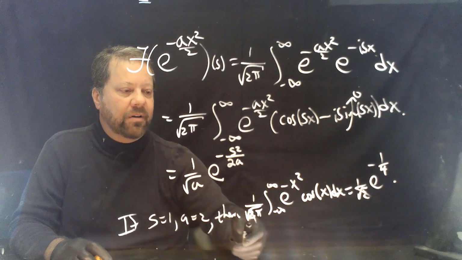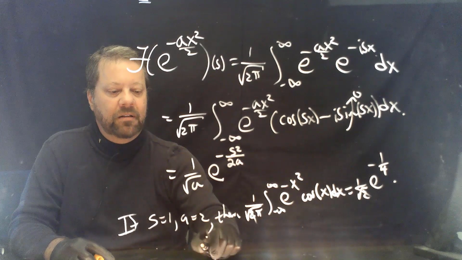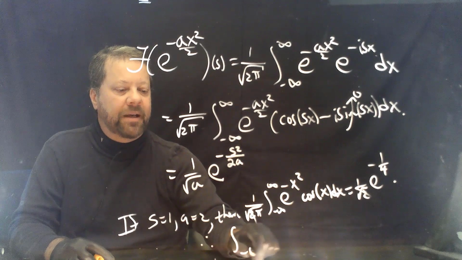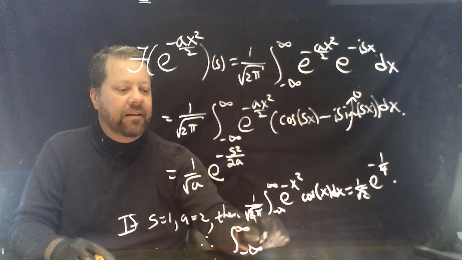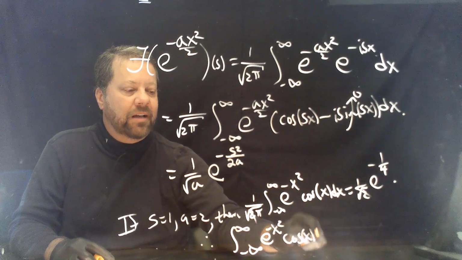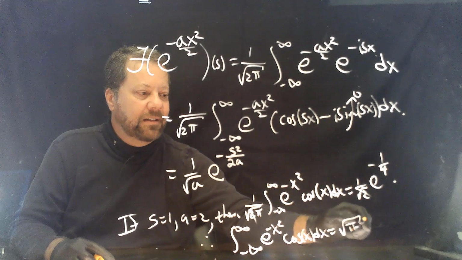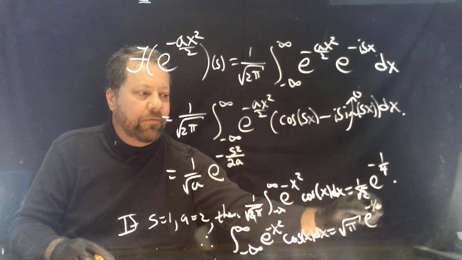We can cancel the square root of 2's and move the root pi over and get the integral from minus infinity to infinity of e to the minus x squared cosine of x dx is the square root of pi times e to the negative 1/4.